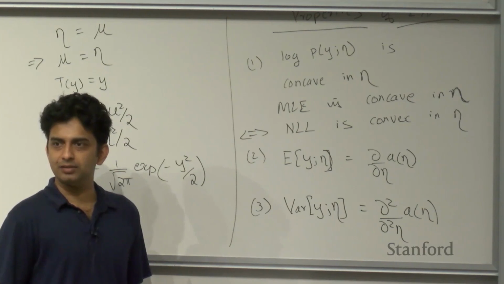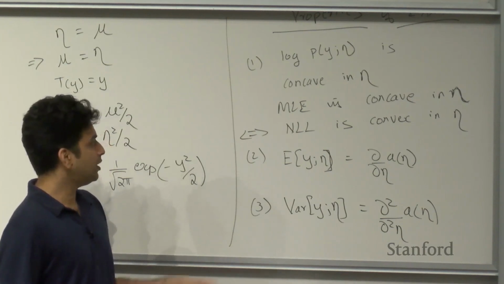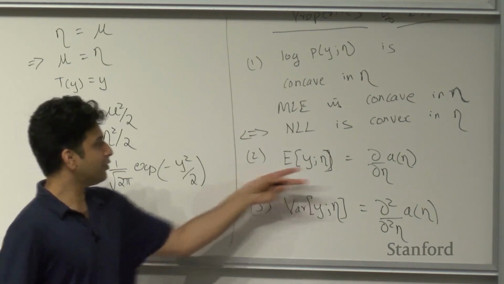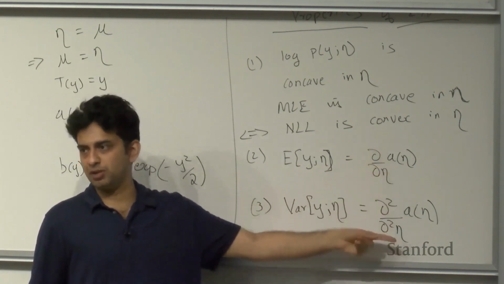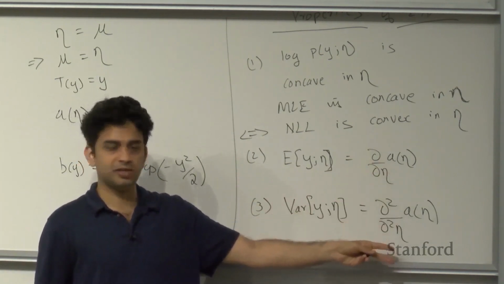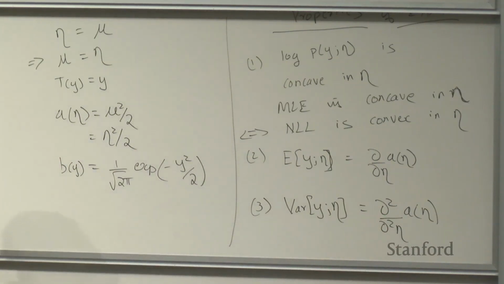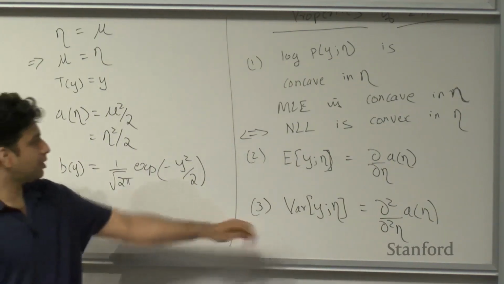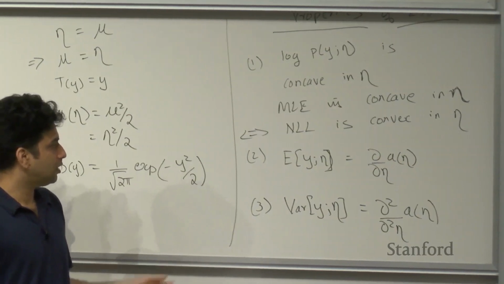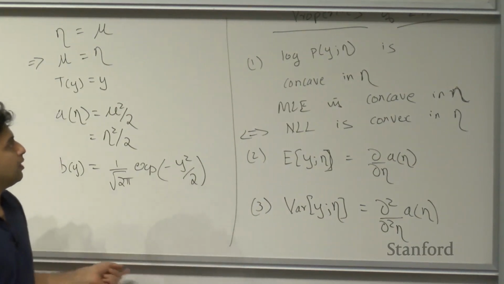It's messy. It's not nice, right? But for the exponential family, instead of doing integration, you can just differentiate the log partition function. You differentiate it twice, you get the second moment. Those are some nice properties of exponential families. Any questions? Yes, question.